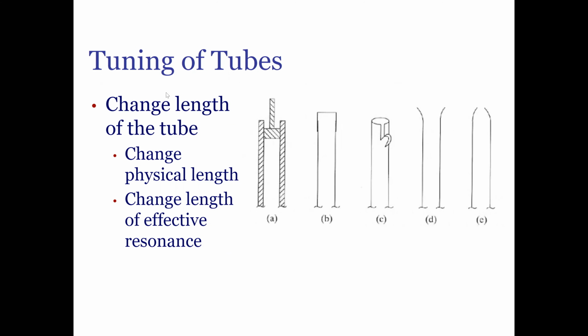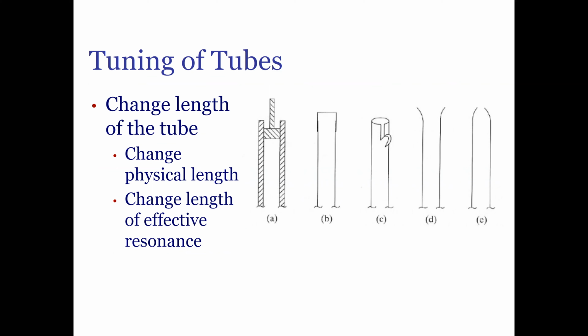Now, how can we tune our tubes? There are several ways. One way is actually changing the length of the tube. And so on this end, you have a plunger that you could use to change the length. You would need to tune it if the temperature changes.